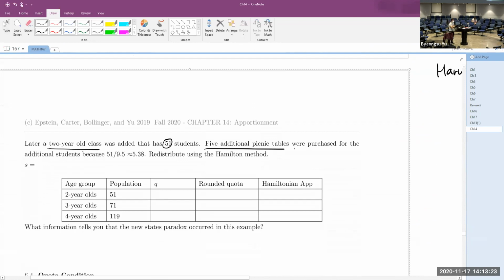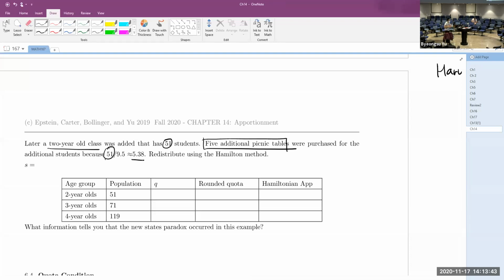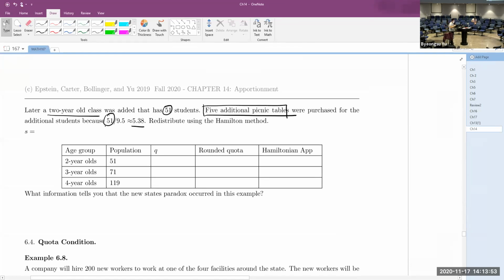And also 5 additional picnic tables were purchased for the additional students, because if we divide 51 by 9.5, it is around 5.38. So maybe Congress people are saying that if we just add 5 more tables, then it satisfies the demand of the 2-year-olds.